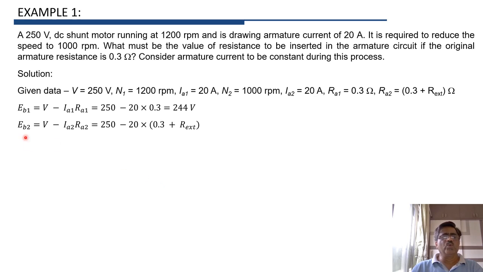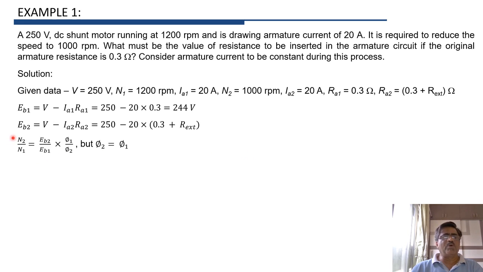So EB2 is V minus IA2 into RA2, which is equal to 250 minus 20 into 0.3 plus R external.